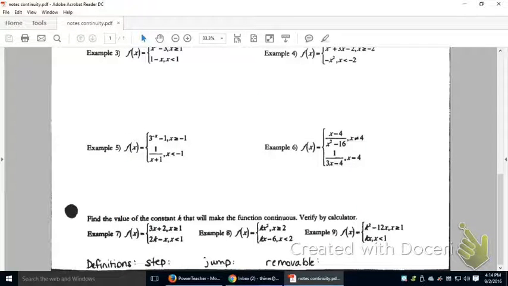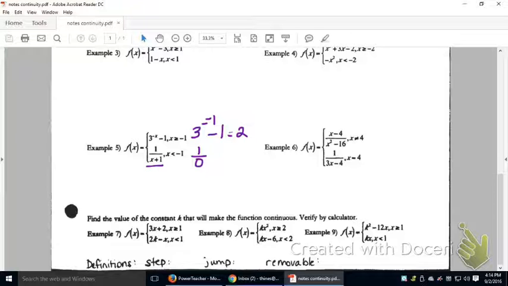Alright, example 5. I'm going to plug in a -1, and I would get 3 to the negative -1, because it already has a negative, and then -1. So that's 3 to the +1 minus 1, so that's 2. Plug in -1 on the bottom, that's 1 over 0. I know that has to do with the vertical asymptote though, because -1 would be where there's an asymptote.